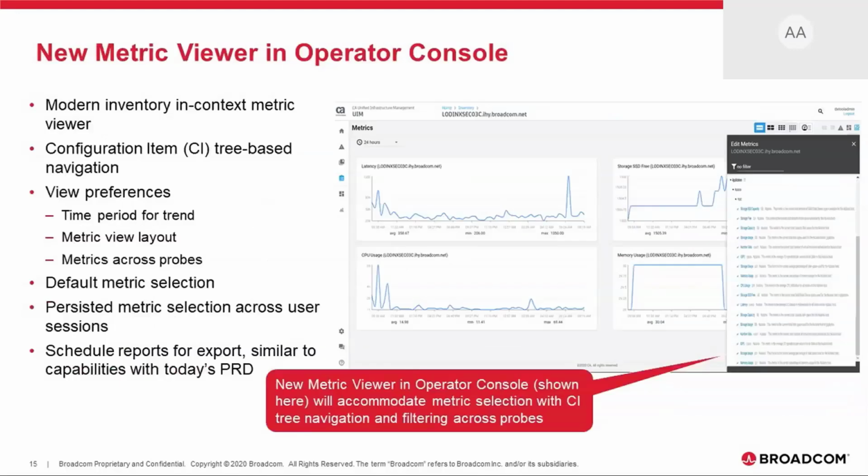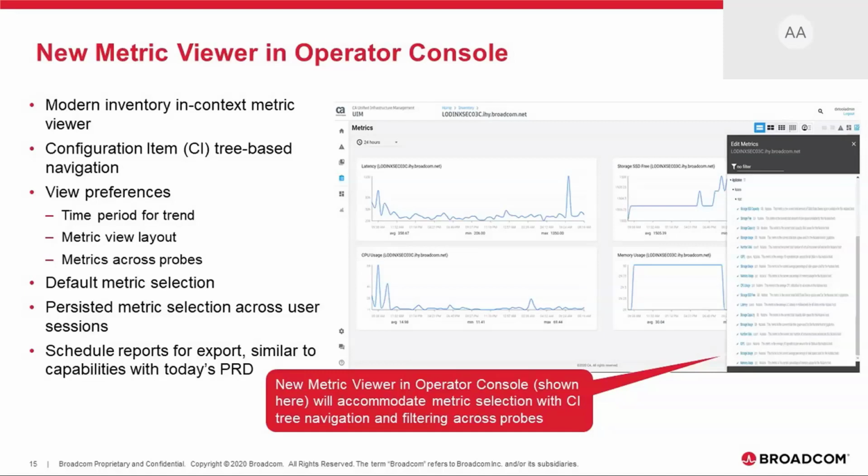One of the key enhancements we are planning in UIM 20.3 is to introduce or enhance the metric viewer, which is available today in Operator Console. It will help users see the different metrics across the probes or monitor technologies for a chosen device context together in multiple layouts or views.